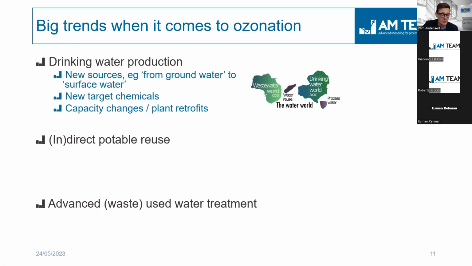We know multiple utilities right now that used to be 100% groundwater companies, and now they are looking into starting to use surface water as a drinking water source. A very big shift, because everybody knows these treatment trains are very, very different. The dynamics are very different. There are also new target chemicals to be removed, and many of the plants have capacity changes, increase or decrease, or are facing retrofits. So these are quite some challenges there.